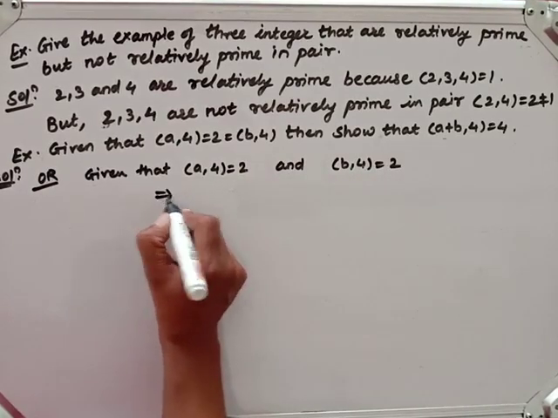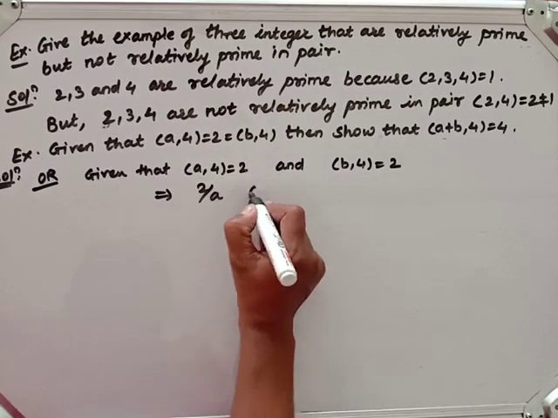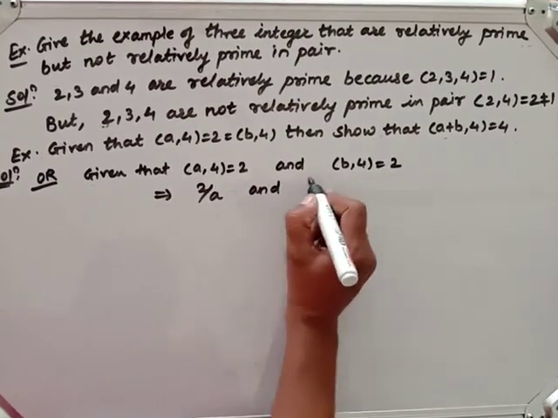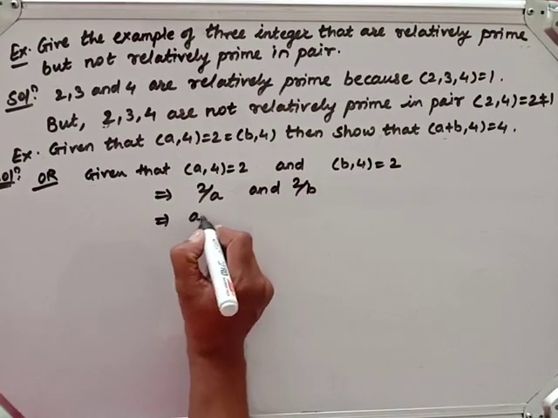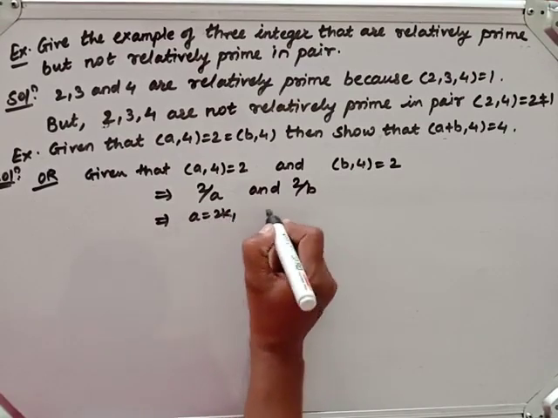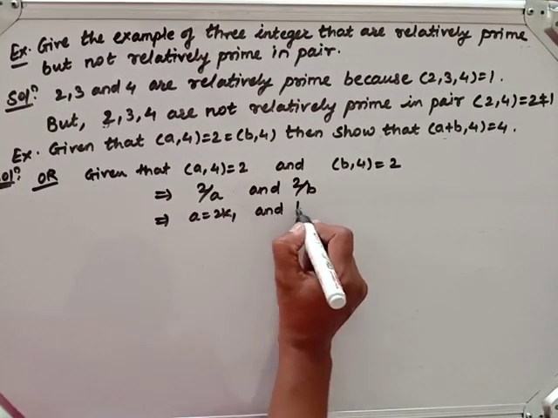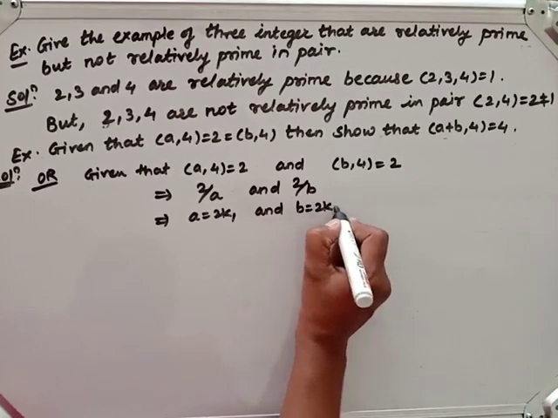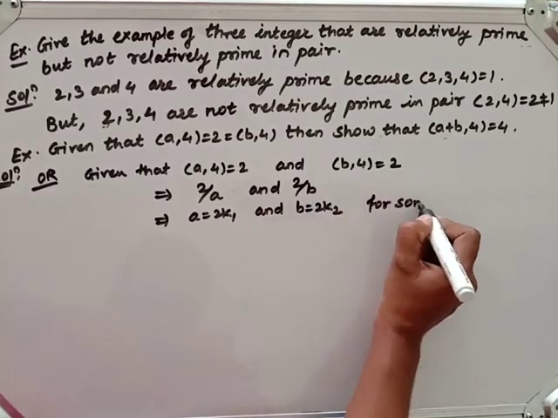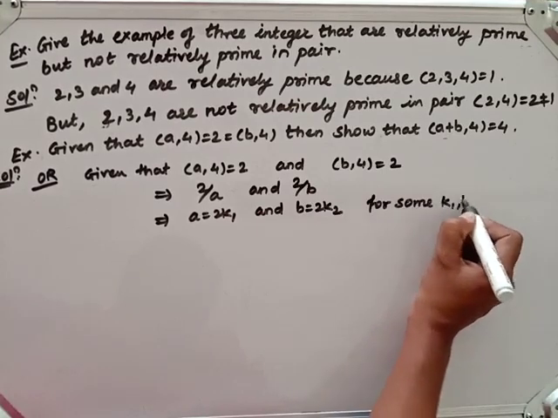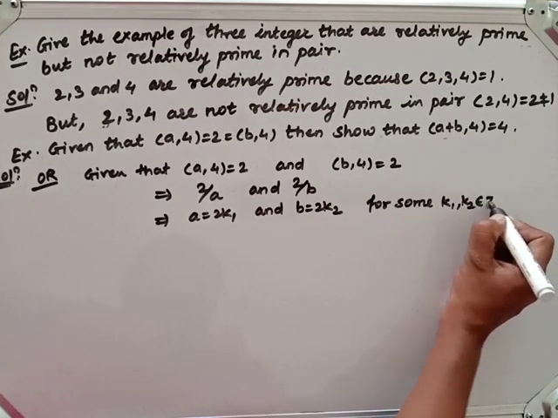So 2 divides a and 2 divides b. So a is equal to 2k1 and b is equal to 2k2, for some integers k1, k2.